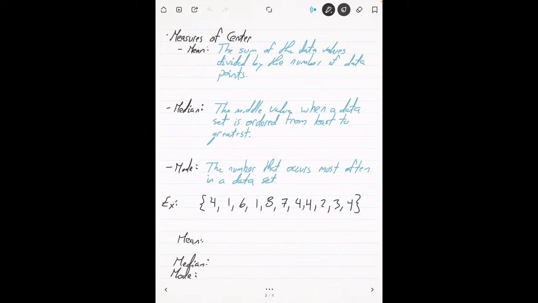Now, when we say average, there are three different ways of describing the central value, a typical value in the data set. One of the ways is by the mean, or the arithmetic mean. The mean is where you take the sum of the data values.